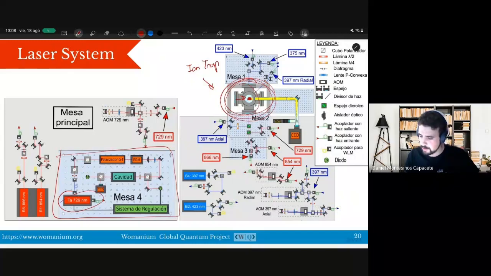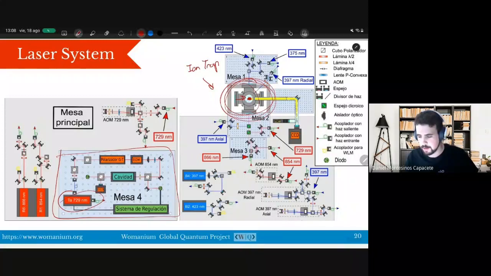And also here we have some optical circuits. I mean, these are just mirrors and other more complicated stuff. But something important is this AOM, and this is just an acoustic optic modulator.